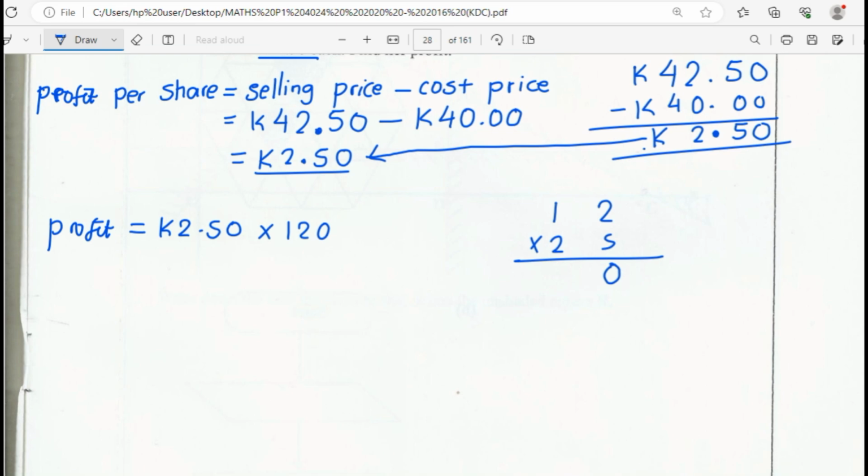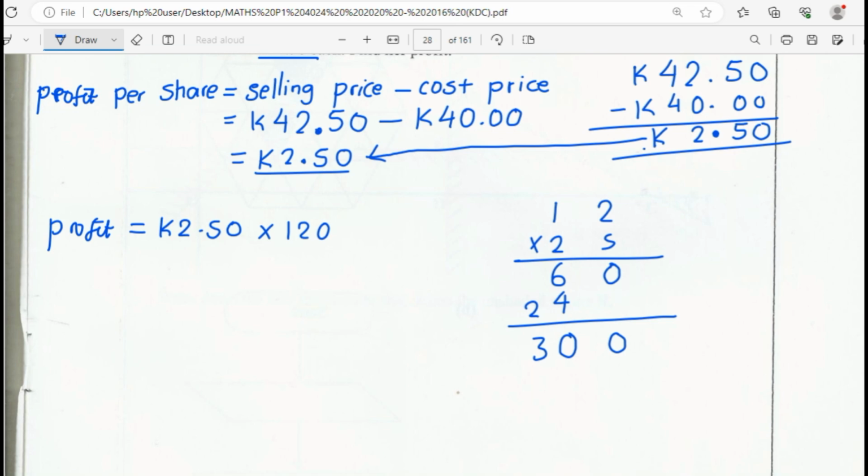Then plus 1, we get 6. 2 times 2 gives us 4. 2 times this number will just give us this. So here we have 0. 6 plus 4, 10. We keep the 1. Here we are going to have 3.